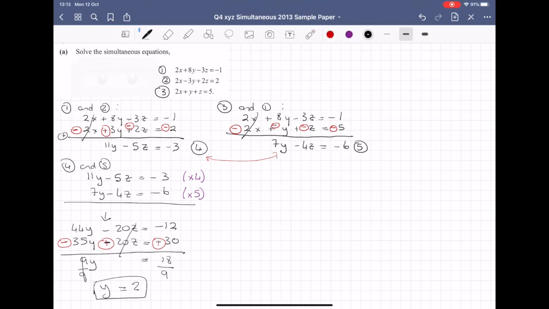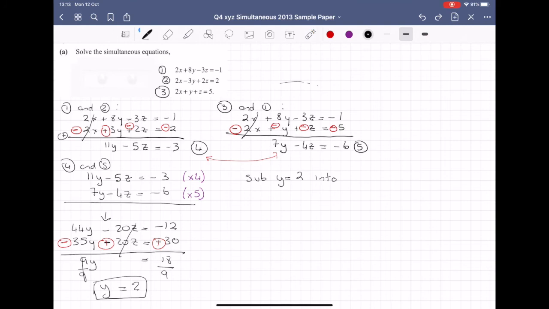So now let's find the next letter. Okay, so we sub it back in. So I'm going to sub y is equal to 2 into, now which equation? Can I go back to equation 1, 2, 3? No, because if I go y is equal to 2 up here, I'll still have two unknowns, x and z. So for as long as you have two unknowns, you can't solve them.